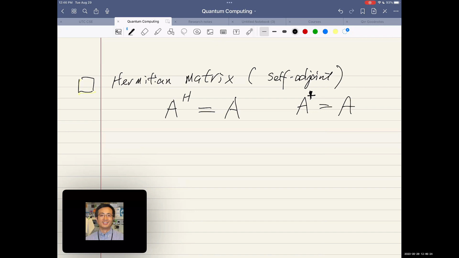For example, the book gives this example: 5, minus 5i, 6 plus 16i, 13, 7 minus 2i, 6 minus 6i.